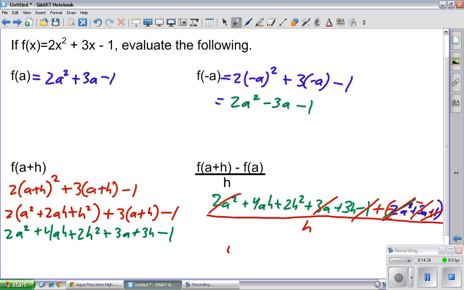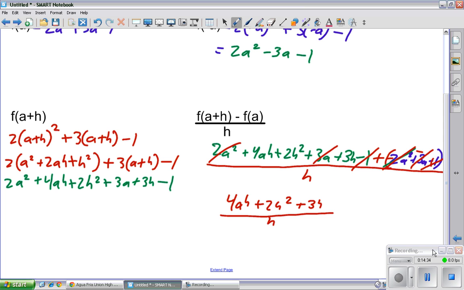So we're left with 4ah plus 2h squared plus 3h over h. We can cancel an h from everything, so that just leaves us with 4a plus 2h plus 3. These are more complicated, but you'll see things like this in calculus.